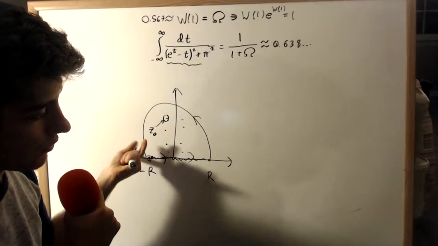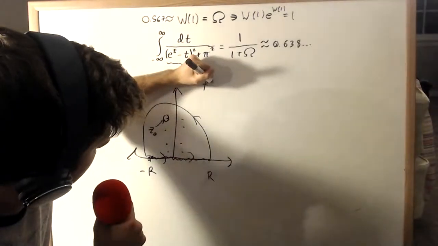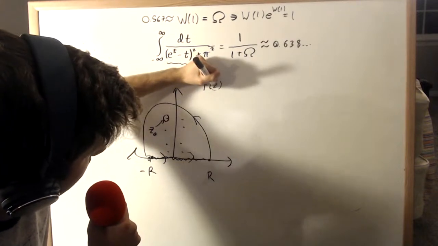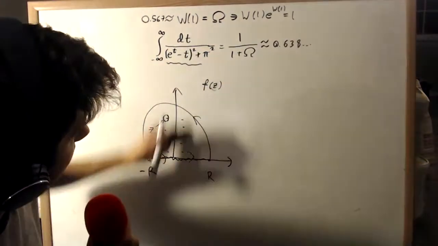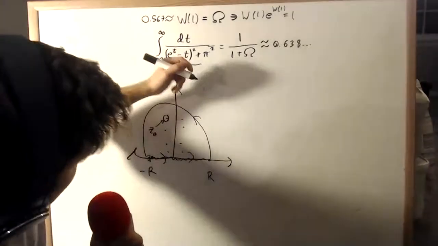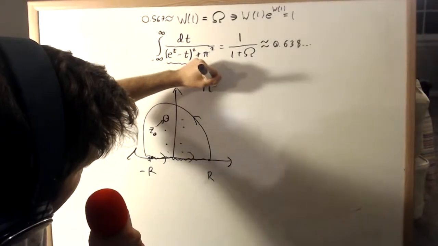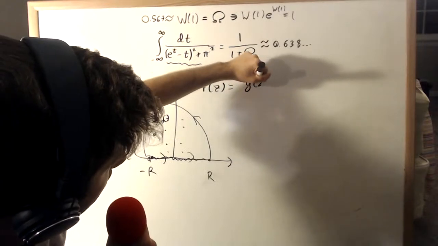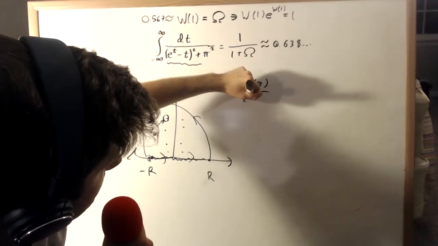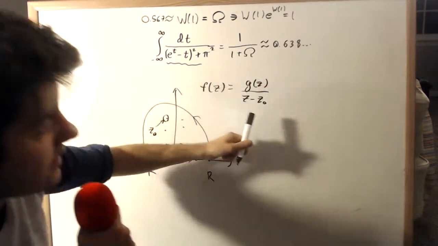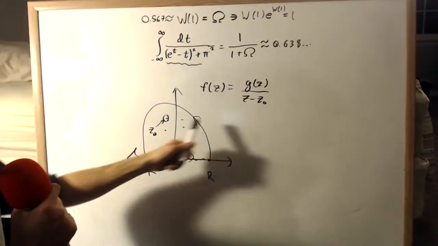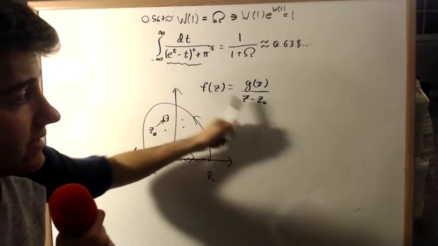So say f of z is equal to some other function, g of z, divided by z minus z0, where z0 is some solution to the function, right? So say this is z0 right here. If we plug it in, we're going to be dividing by 0, and that's a problem.